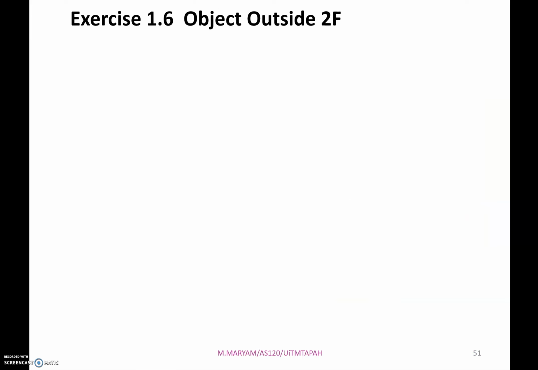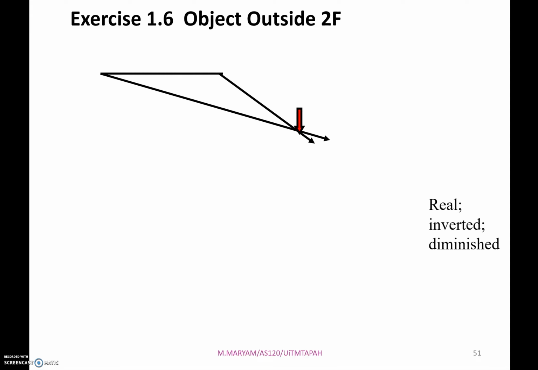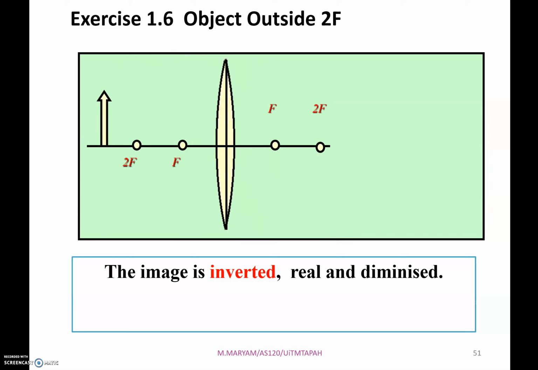Let's try another one. Now, this time I want you to try and do it yourself. If the object is outside of 2f, what does it mean by 2f? 2f just simply means the focal length is double the size of the initial focal length. For example, if my focal length here is 5 cm, then 2f means the position is at another added 5 cm, so the total will be 10 cm.